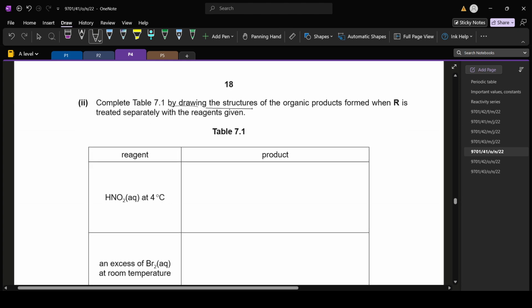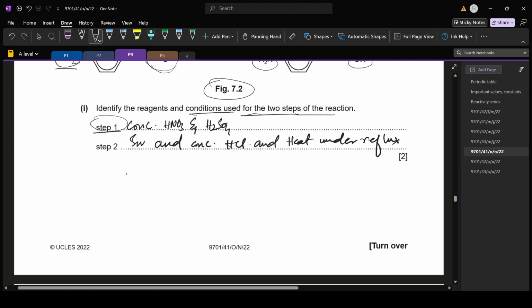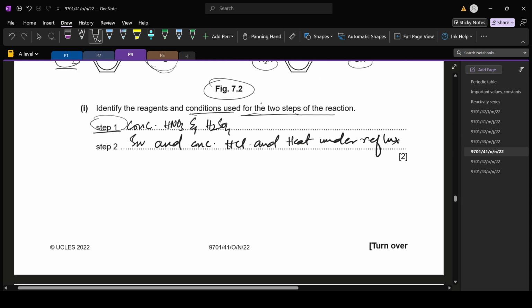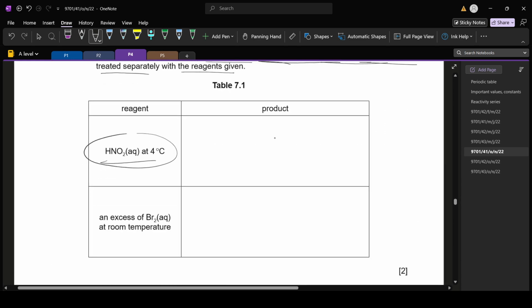Complete table 7.1 by drawing the structures of the organic products formed when R is reacted separately with the reagents given. Okay, HNO2. So this phenylamine will form a diazonium salt. So let's draw this. This phenylamine group will change into this diazonium group.